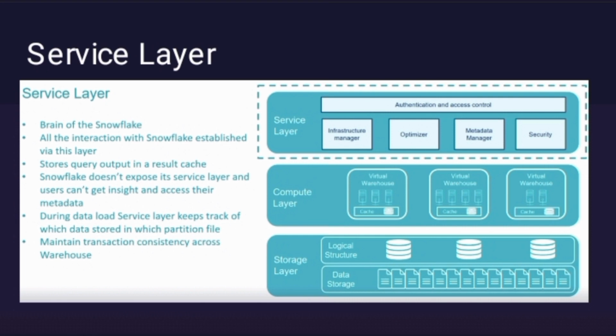Suppose some data is taken from the storage layer and some data is being stored in the storage layer. All these things are managed by this service layer. It maintains transaction consistency across the warehouse. Whatever transactions happen in these small warehouses or large warehouses, all are managed by this service layer.